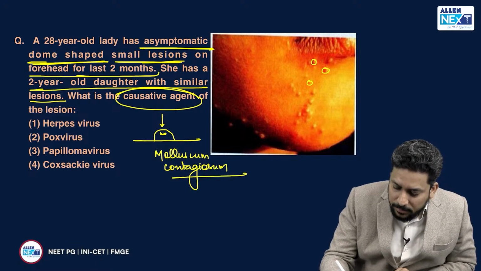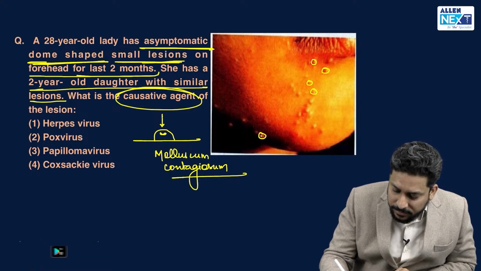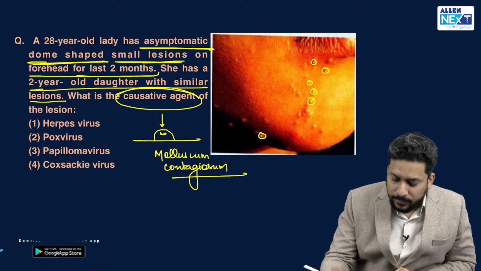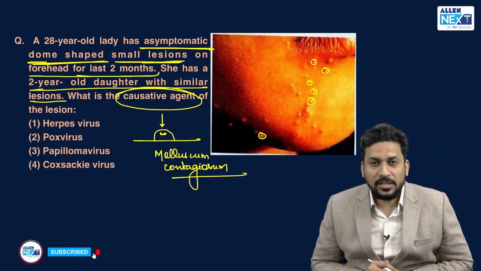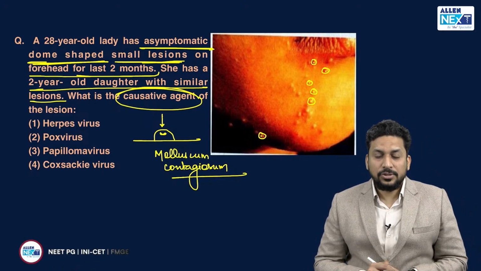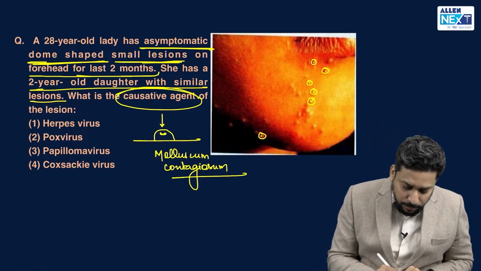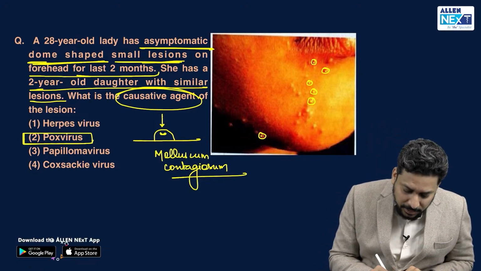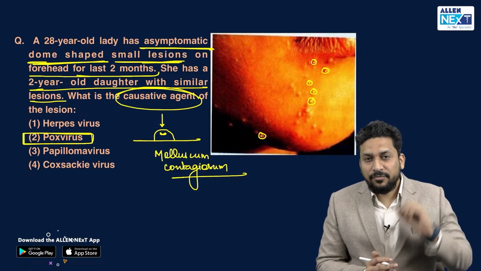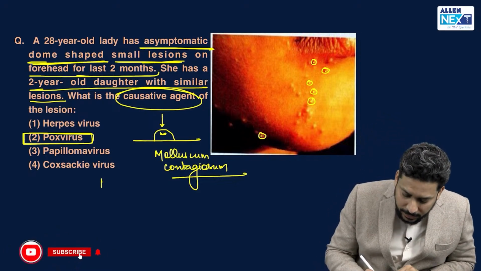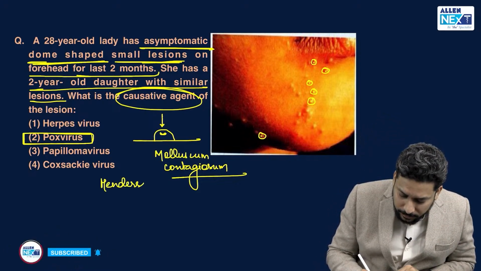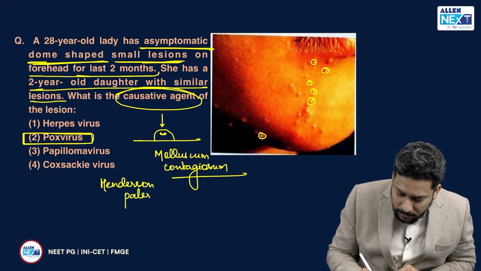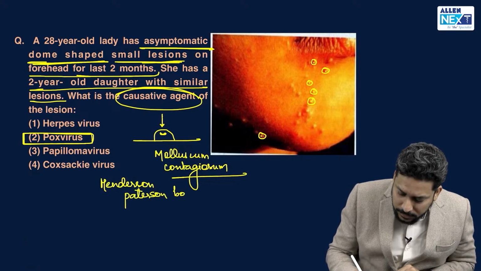If you closely see them, you will find that all these lesions have central depression, central umbilication. So this is very characteristic of molluscum contagiosum, and molluscum contagiosum is caused by virus, that is pox virus. So it can get transmitted from one person to another. And if you do biopsy from these lesions, you will get Henderson-Patterson bodies.